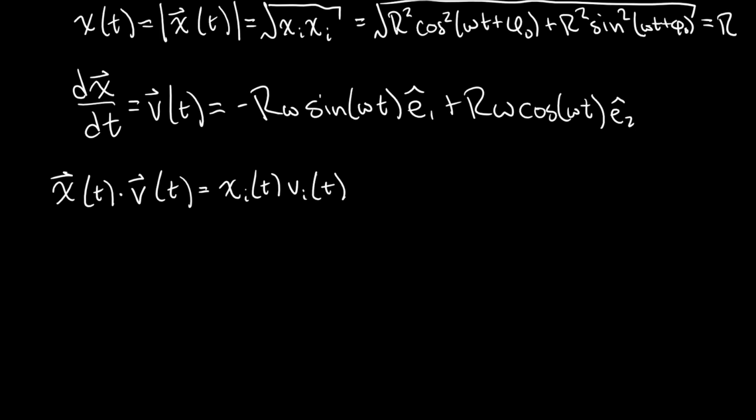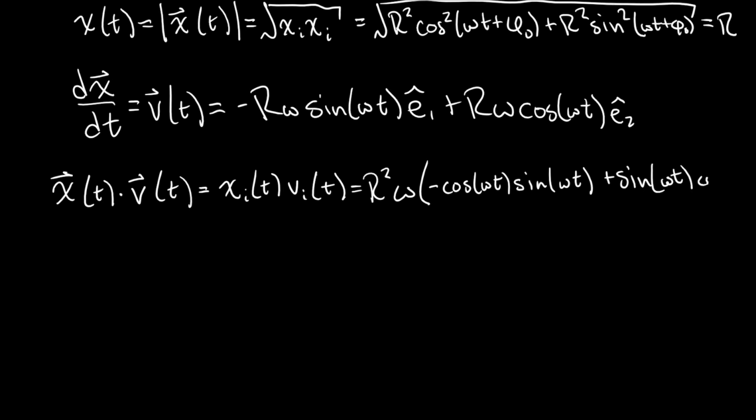And this gives me something like, I'm just going to factor out a total r squared omega times minus cosine omega t sine omega t plus sine omega t cosine omega t, which of course is 0.